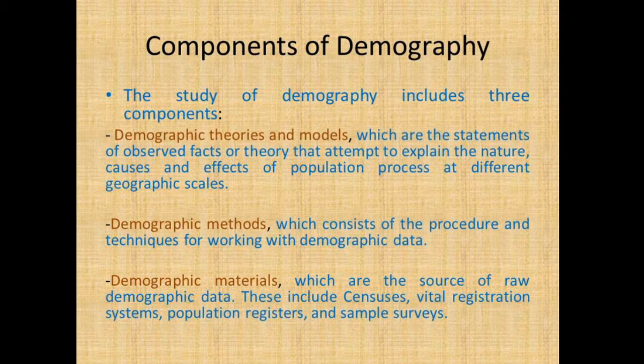So there are some components of demography: the demographic theories and models, demographic methods, demographic materials. Demographic theories and models are statements of observed facts or theory that attempt to explain the nature, causes, and effect of population process at different geographical scales.